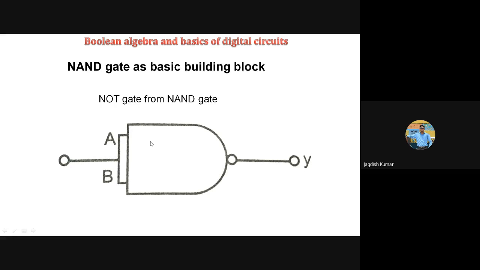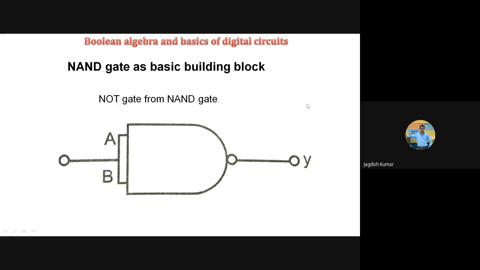This is very simple. You take a two-input NAND gate, short both the inputs and make them look like a single input, and then the operation of such a gate will be nothing but the operation of a NOT gate. Why? Because whenever this input, let me say X, is 0, then both A and B are 0, so the output of the AND gate will be 0, but the output of the NAND gate will be 1.